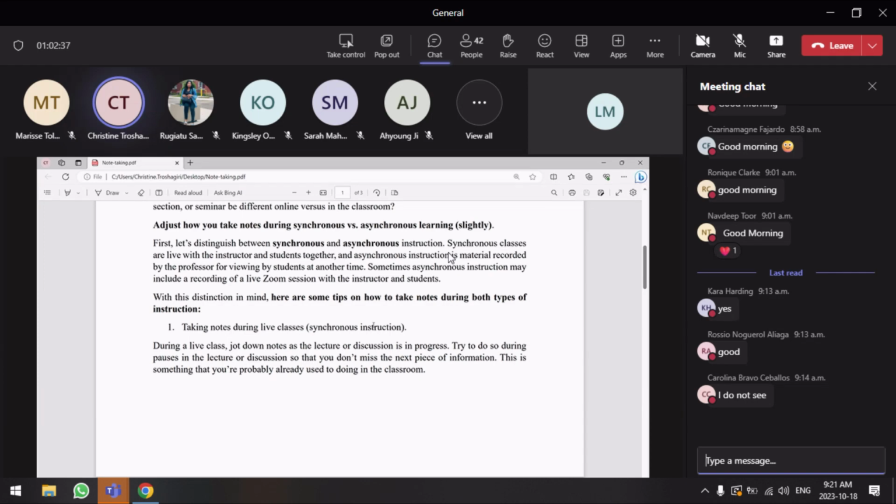During a live class, jot down notes as the lecture or discussion is in progress. Try to do so during pauses in the lecture or discussion so that you don't miss the next piece of information. This is something that you are probably already used to doing in the classroom.